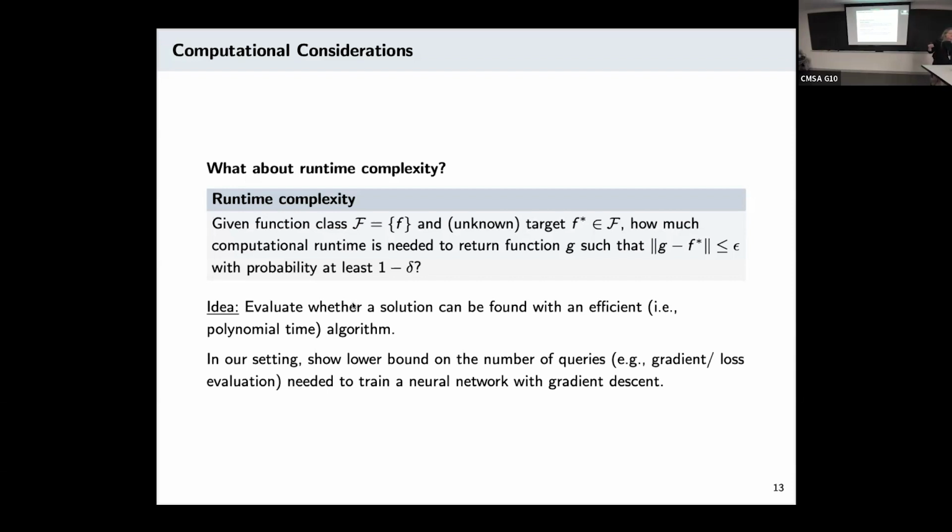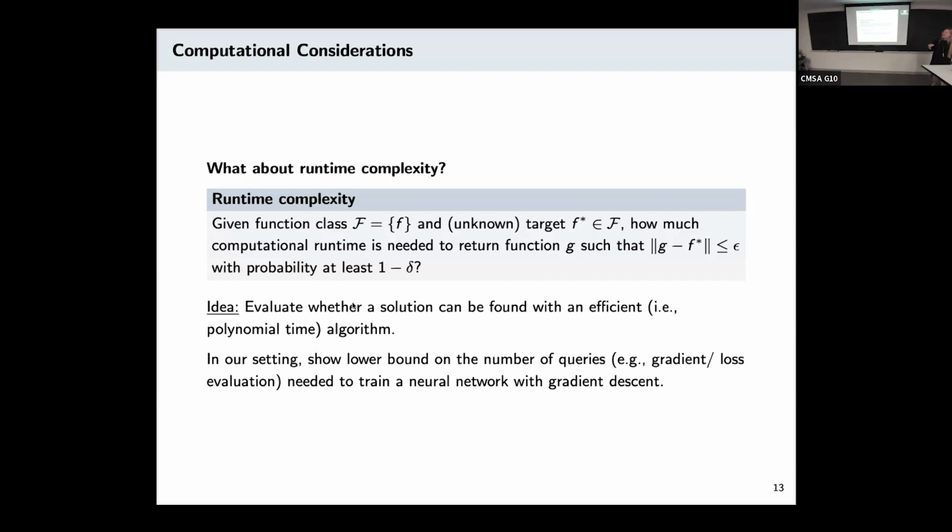And here, what do we mean by runtime? Runtime is essentially, you can think of that as a step of your learning algorithm, right? Typically neural networks are trained with gradient descent or with a variant of gradient descent. And if we think about performing one step of gradient descent, the main work that needs to be done, or what we need to measure in a sense, is the gradient or a gradient estimator.